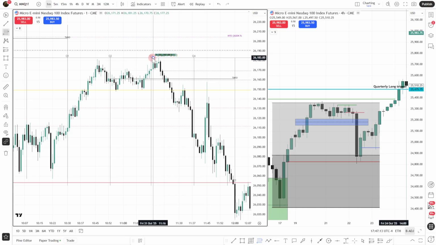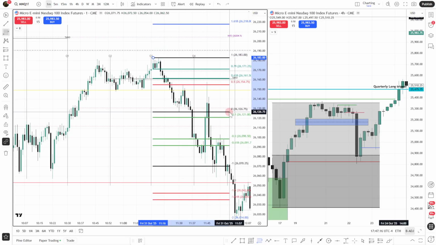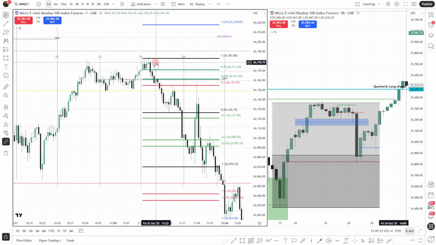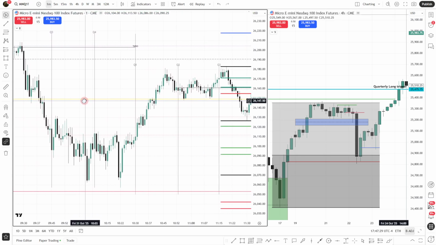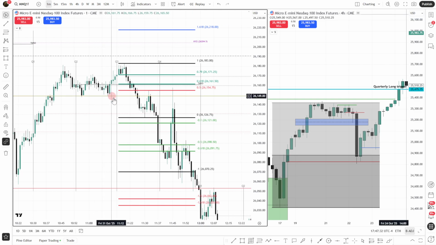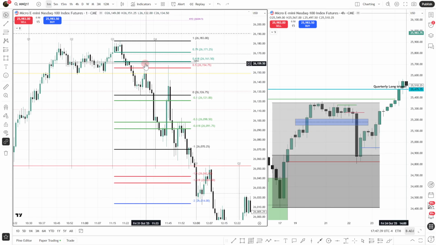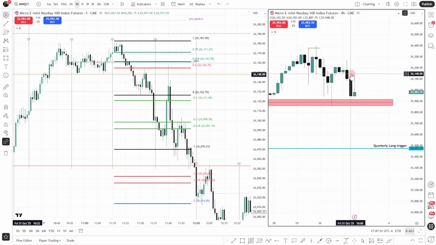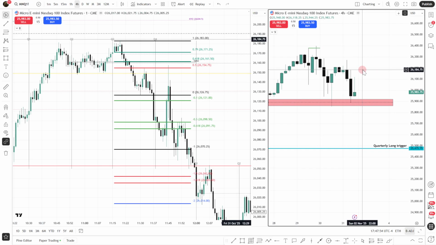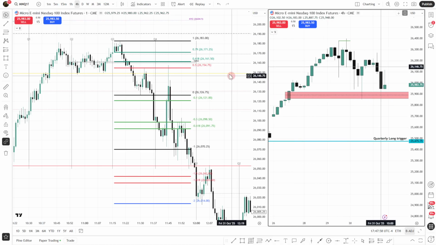But when this aligns, a little Q3 reversal, and we're really respecting that premium discount area, that looks really nice for higher time frame targets, which we end up getting all the way down to the fair value gap.